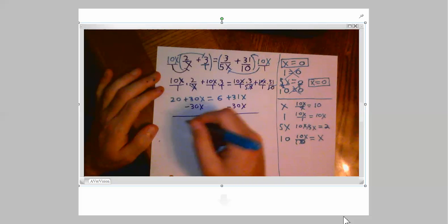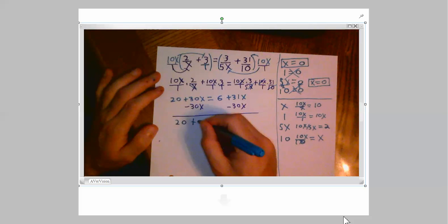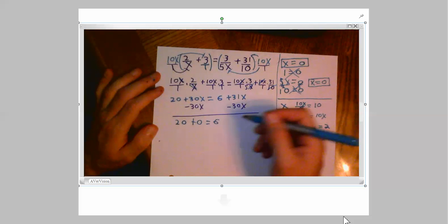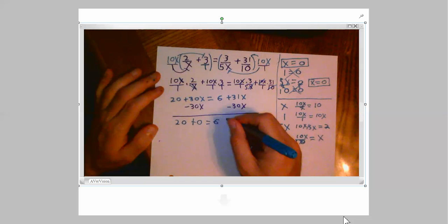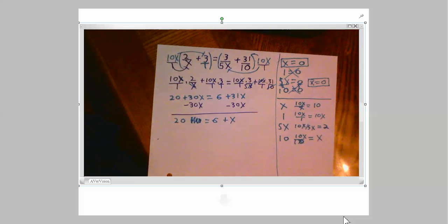So this is going to be 20 plus 0 is equal to 6, and 31x minus 30x is just 1x, or I can just write x. Now the 0 doesn't matter, so I can forget about that. 20 plus 0 is just 20.